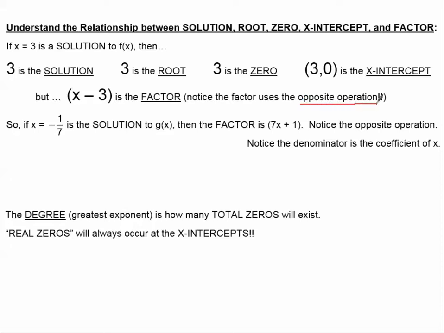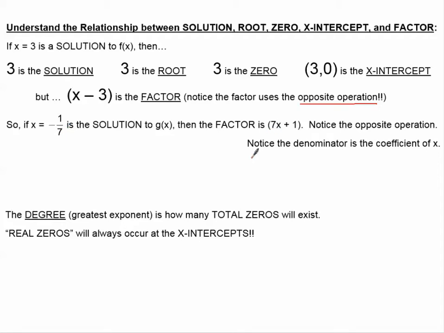So if you have a positive root, you will see a minus sign in the factor.